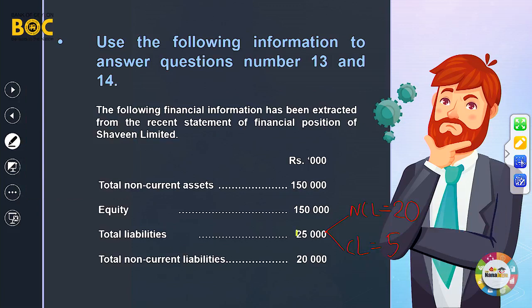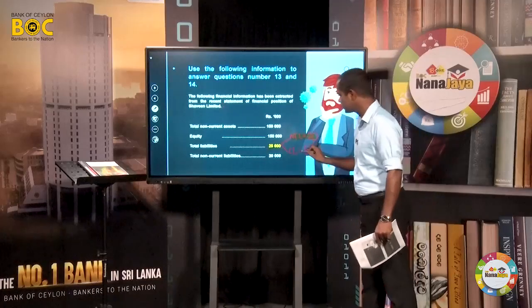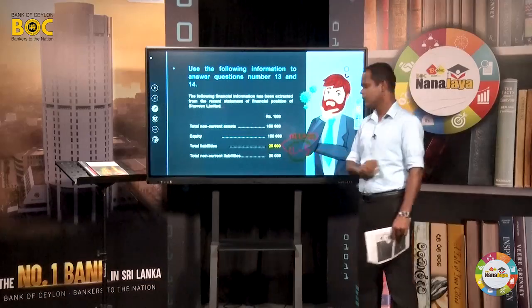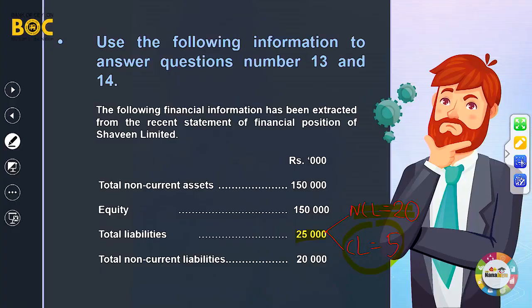Total liabilities given as 25 million. Non-current liabilities 20 million. Then the balance should be current liabilities. Of 25 million of total liabilities, non-current liability is 20.